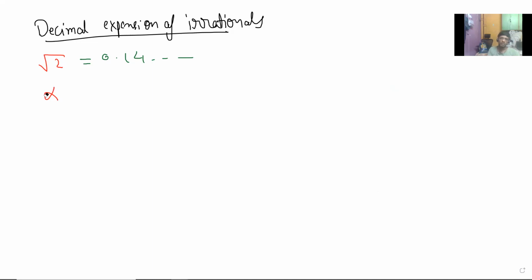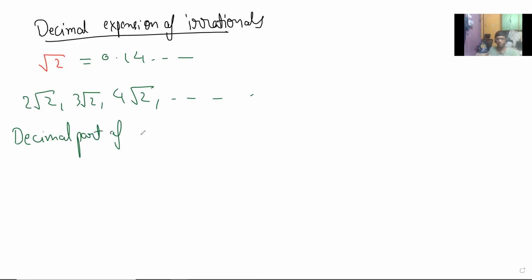If you take root 2, then 2 times root 2, 3 times root 2, 4 times root 2, you see that the decimal parts of all these are going to be different. Can you see that? The decimal parts of all these above are different.